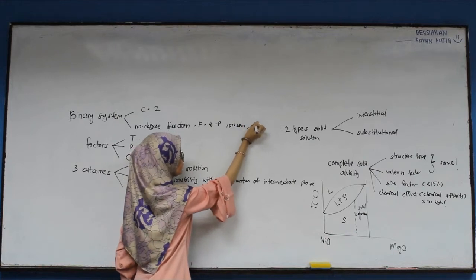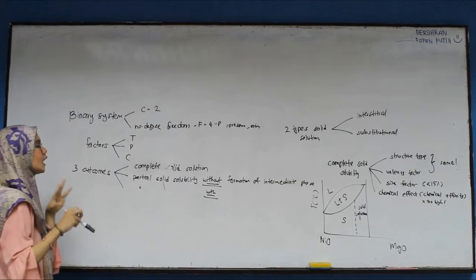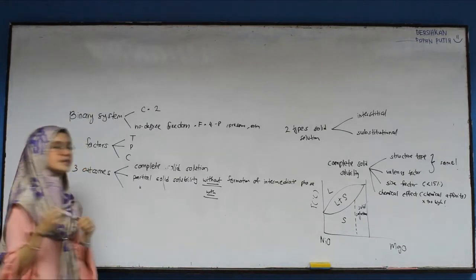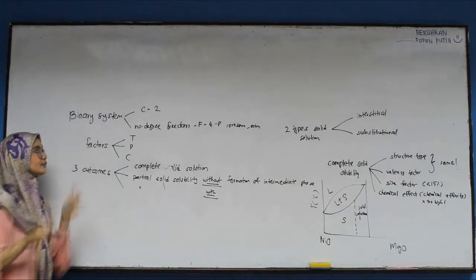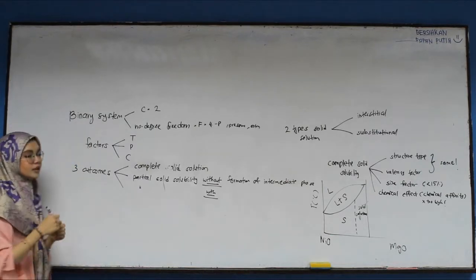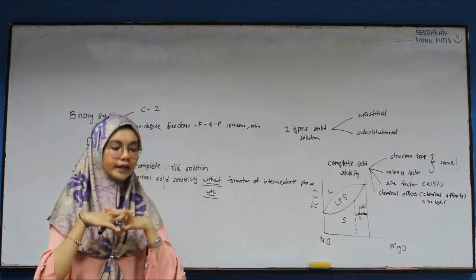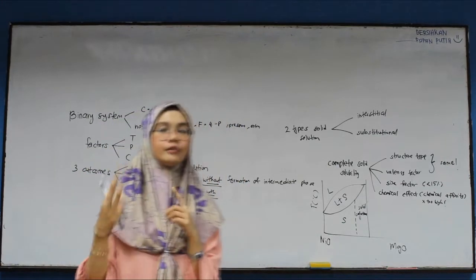Okay, next, there are three factors that the binary system depends on. The three factors are temperature, pressure, and component. These components will mix together and come with three different outcomes.